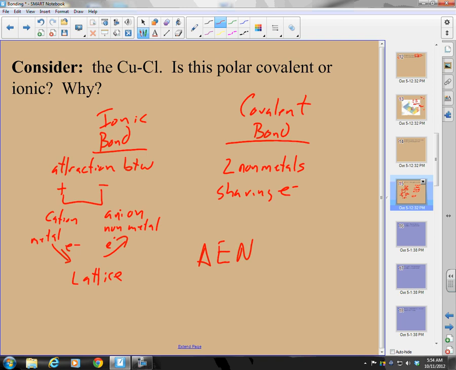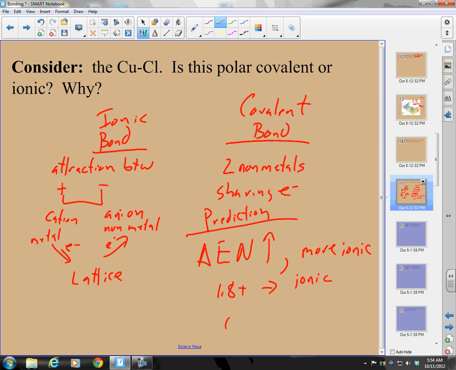We said that the greater the difference in electronegativity, the higher the delta EN, the more ionic the bond is. So when I have a number like 1.8 and higher, now remember, this is for a prediction. It doesn't always tell us exactly the case, but if we want to predict, we can look at this. If it's 1.8 and plus, we usually say it's ionic.